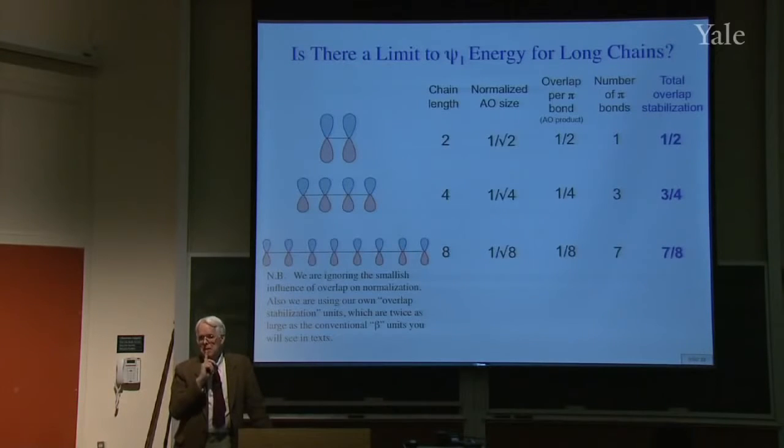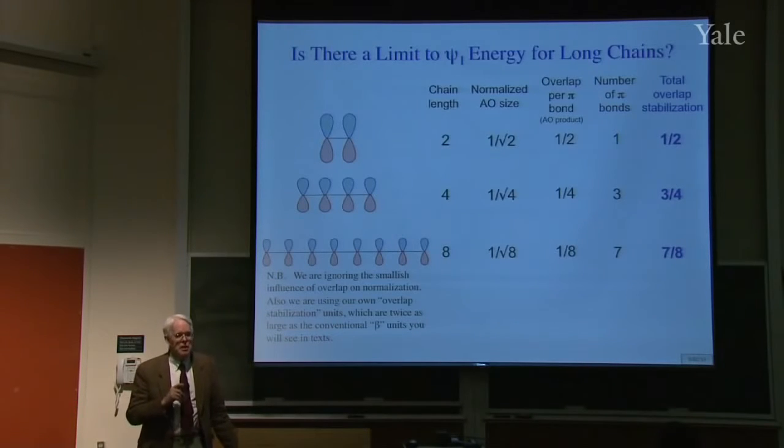Is there a limit? Does it just keep going? Obviously, it will get a little bit better, but does it approach a limit? Can you see what it would be if n were infinite, if the chain length were infinite? It approaches 1, right?